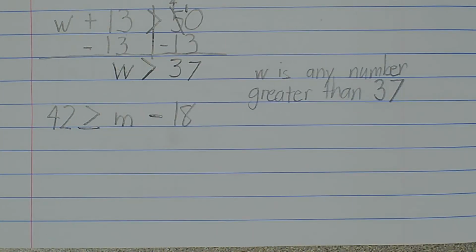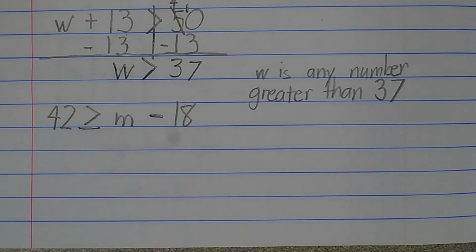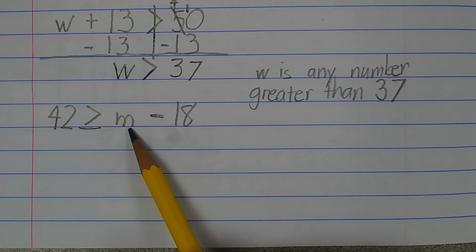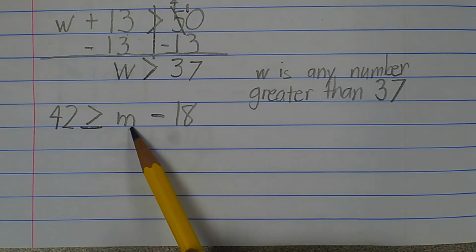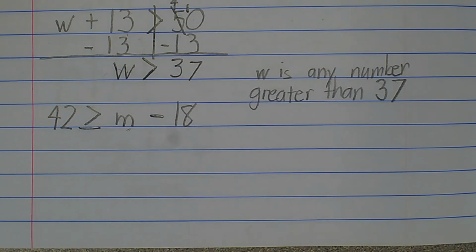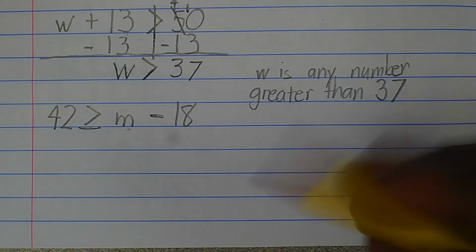Okay, now this one is a little different. And we have to make sure we pay very close attention. Since m is on the right side of the inequality, our answer is going to be different. And I'm going to show you why.